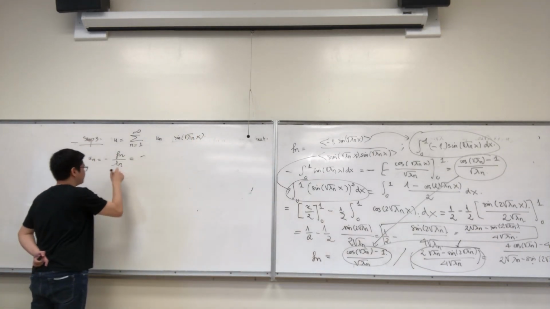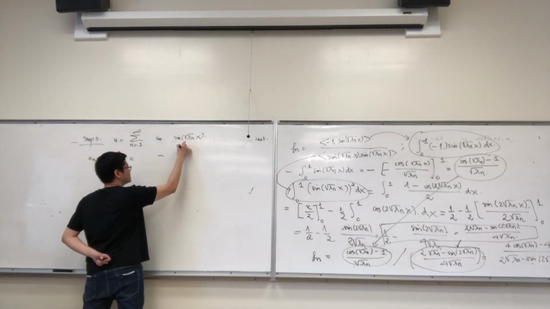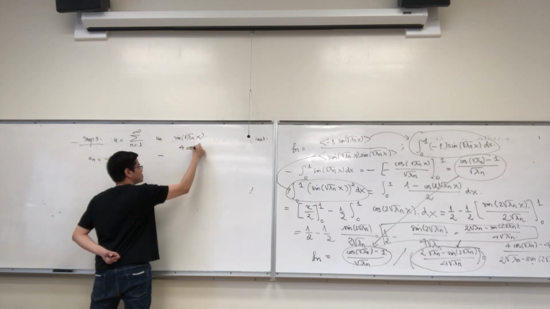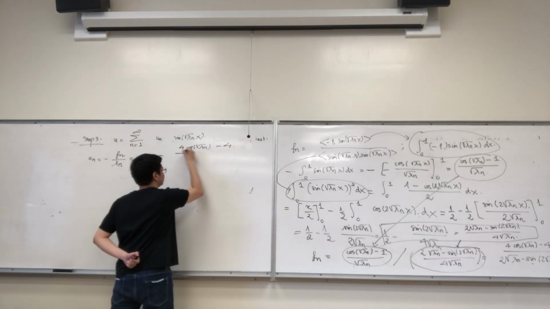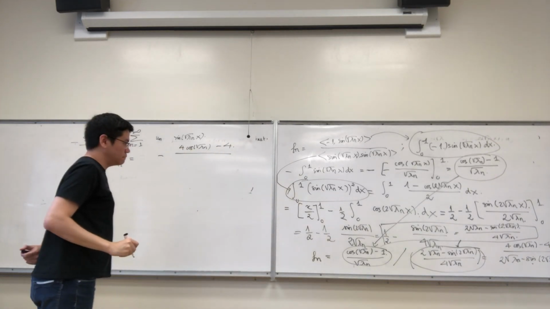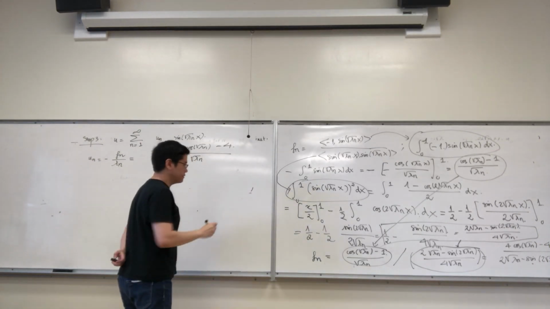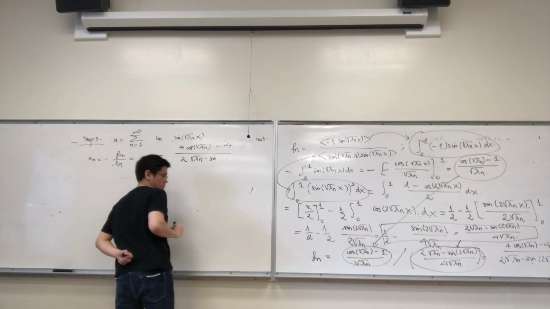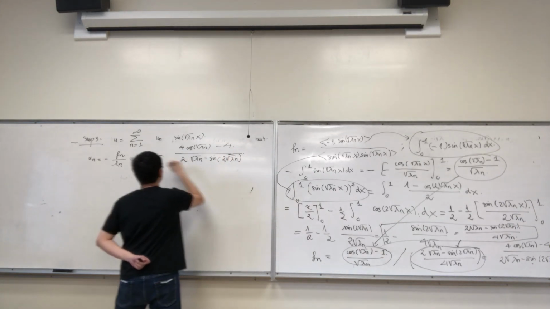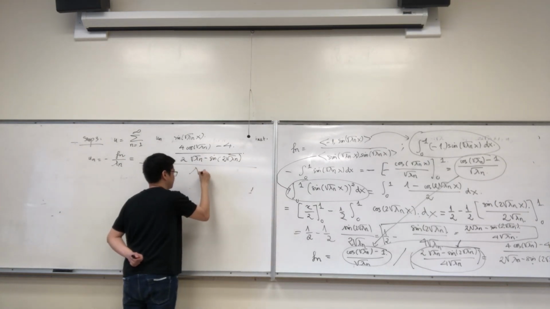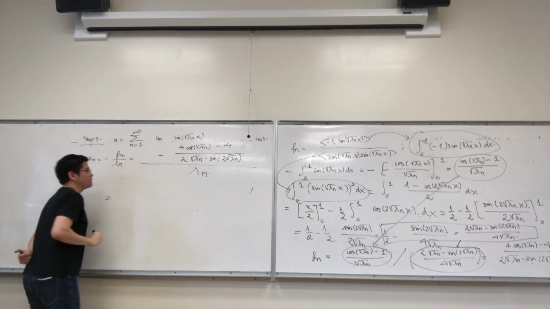So Un will be Fn over lambda n, and this is minus 4 cosinus of square root of lambda n x, minus 4 dividing by 2 square root of lambda n minus sinus of 2 square root of lambda n, and then you divide the whole thing by lambda n. Alright? And this is gonna give you, right? So I explain again.